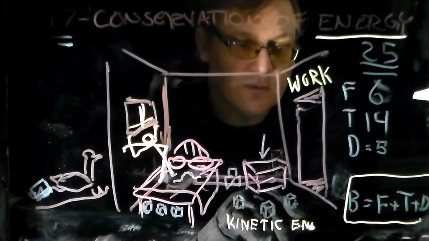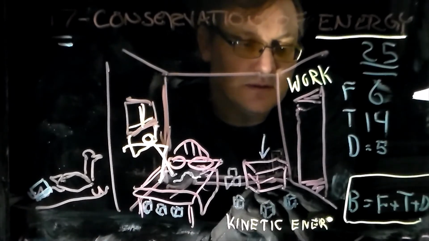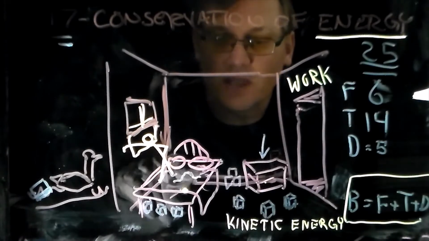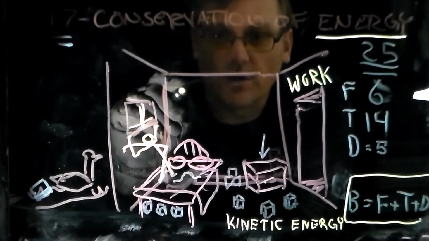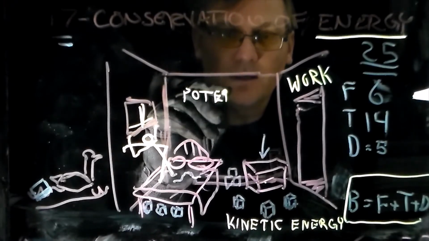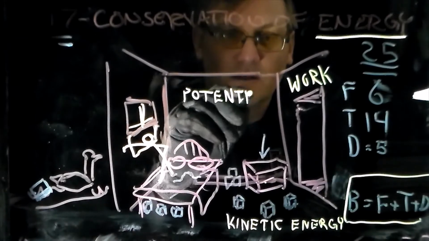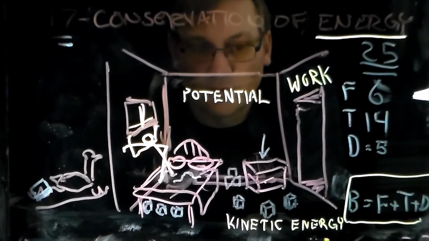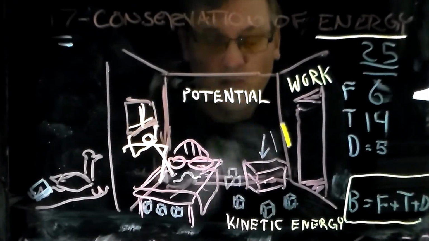And these other ones that we've stored things in, the toy box and the bed, these are both potential energies. We'll talk about potential energies in the next video, and then we'll talk about how to put them all together to solve some problems in the last video, which will be on conservation of energy proper.